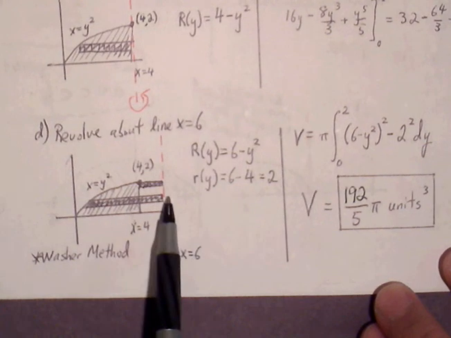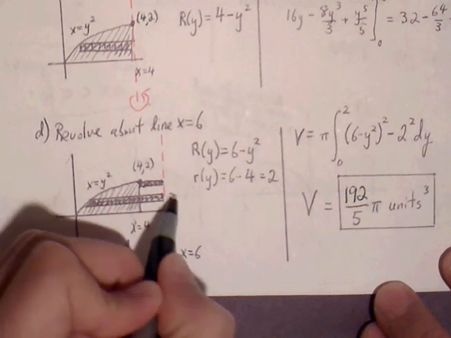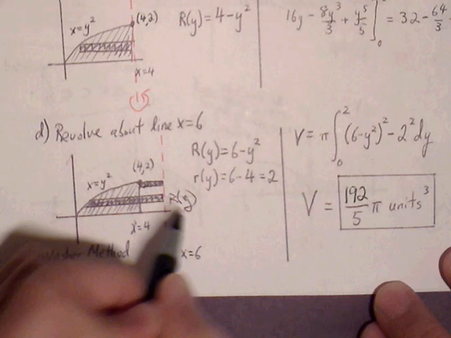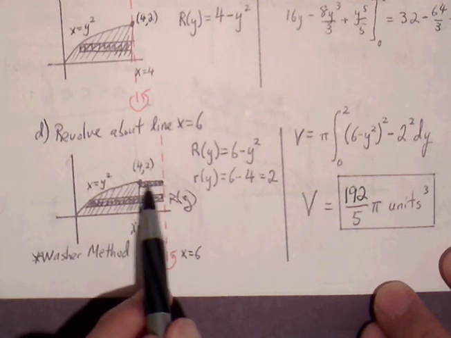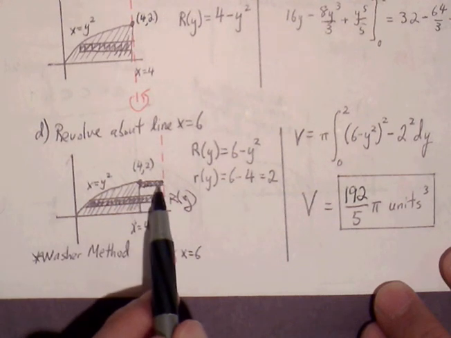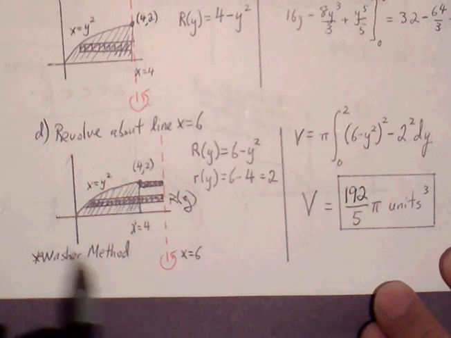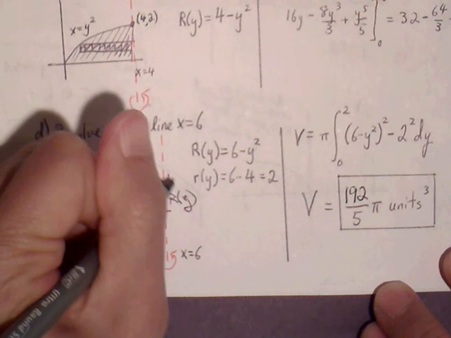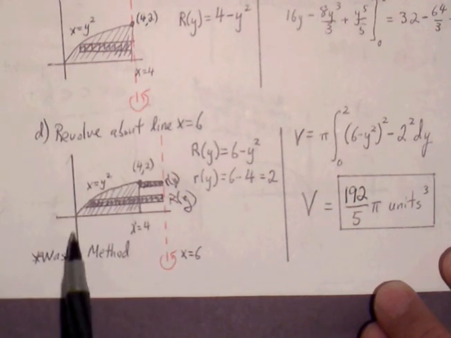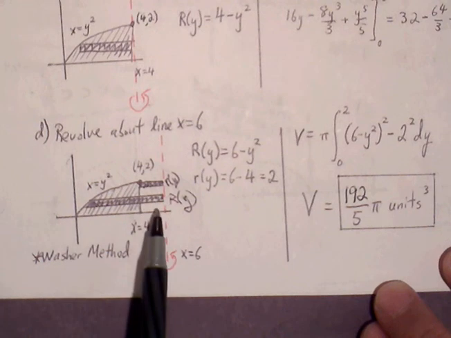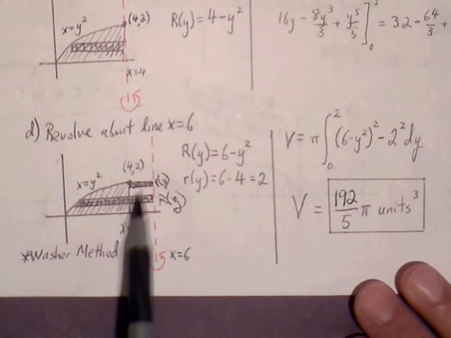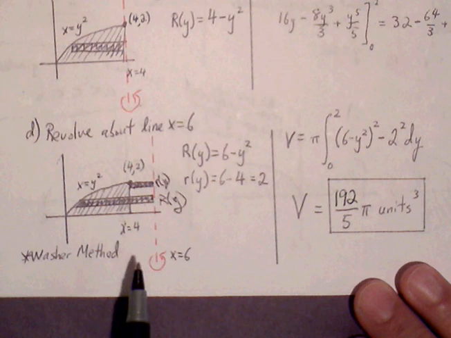That'll represent big R. And then we're going to start on the axis again, and we're going to draw to the inner curve, the inner graph, and that is this boundary here, x equals 4. This represents little r. Okay. Again, your big R is always going to be longer in length than your little r. Okay. When we put them next to each other, we can compare their lengths.